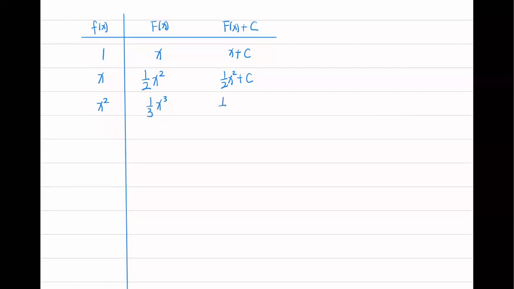And the general one is x cubed over 3 plus c. Okay, so now we know how this goes. Let's make it a little bit more complicated.